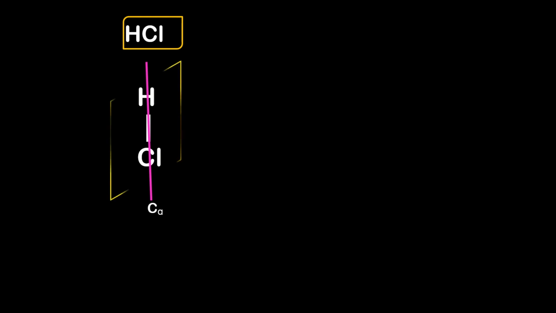Next, let's take one example of the HCl molecule. HCl is a linear molecule which possesses C infinity as the rotational axis. It has one sigma v, and there is no center of symmetry present in the case of the HCl molecule.